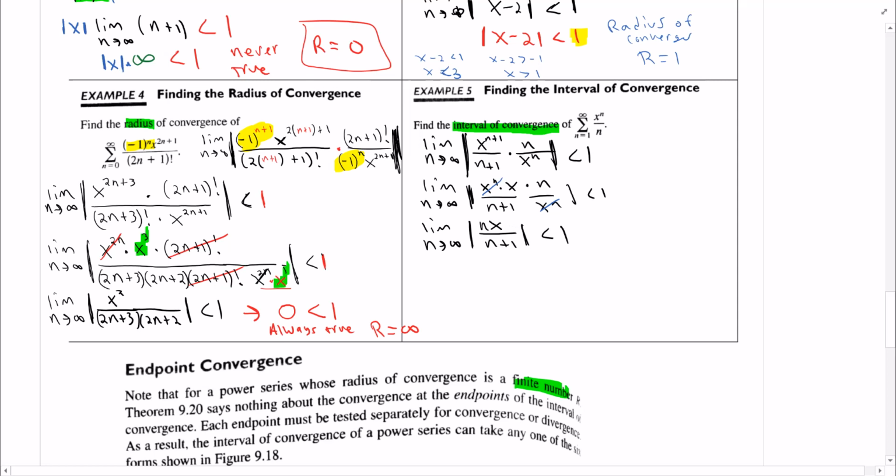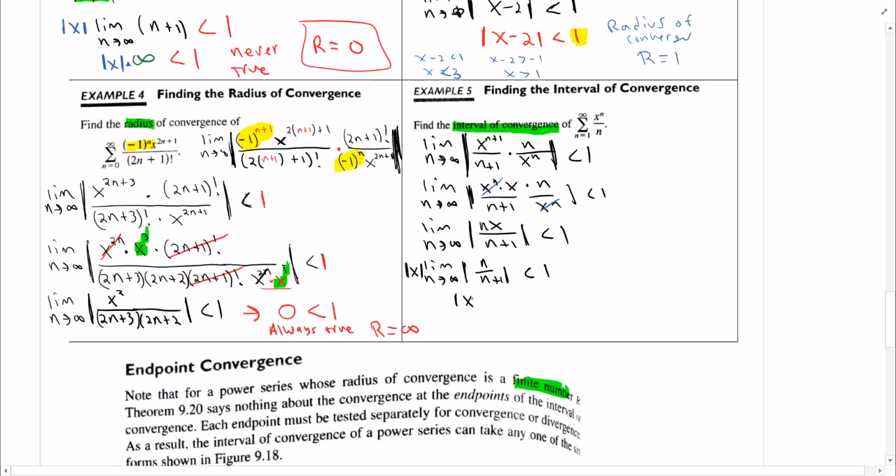We're trying to show this is less than 1. Again, if it's helpful, we can pull out that x and write the absolute value of x on the outside, and then we're taking the limit of n over n plus 1. And the limit of n over n plus 1 is just 1.